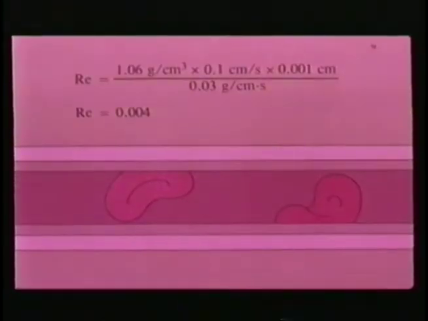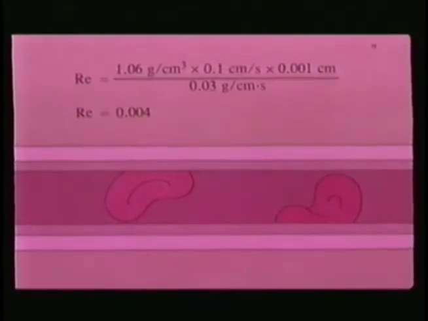In a small artery with a diameter of 1 millimeter and a linear velocity of 7 centimeters per second, the Reynolds number is only about 25. Blood flow is laminar and viscous resistance factors dominate. The Reynolds number decreases markedly in the microcirculation.